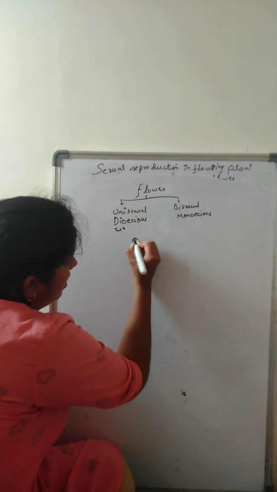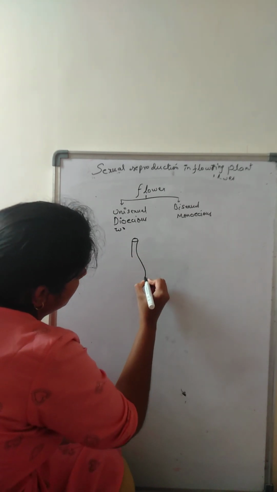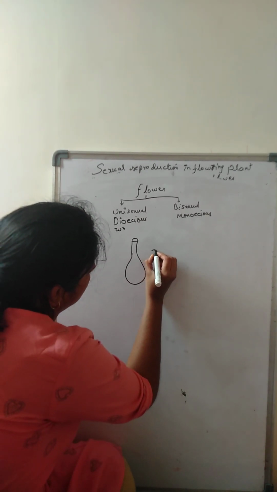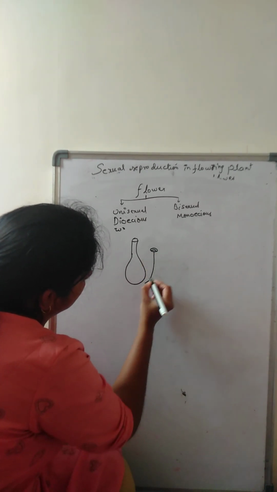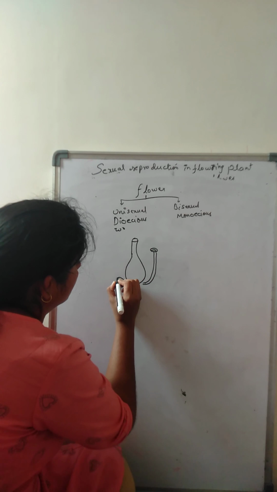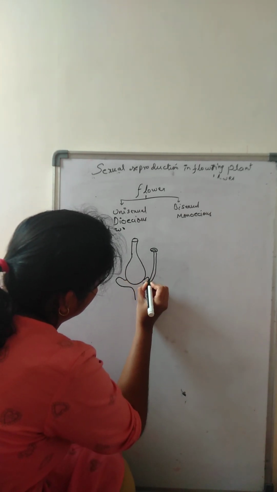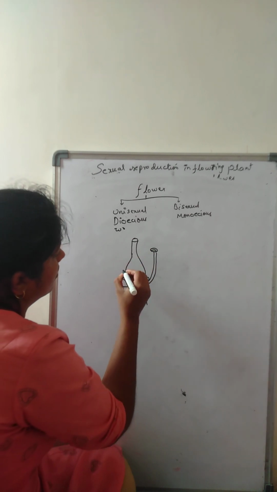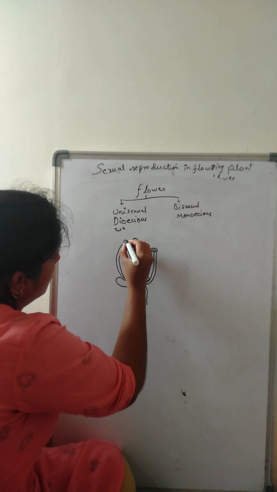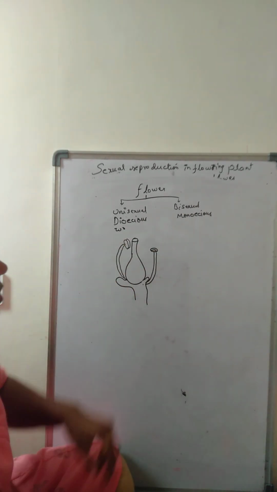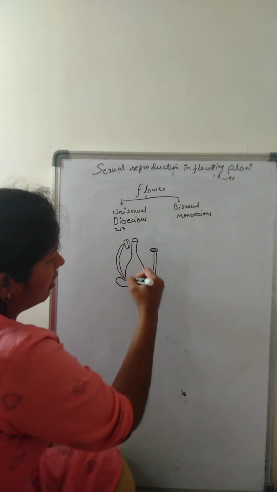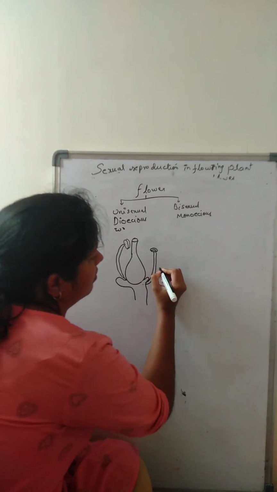Here if you see the plant, this is actually a female flowering part. This is the filament, okay.